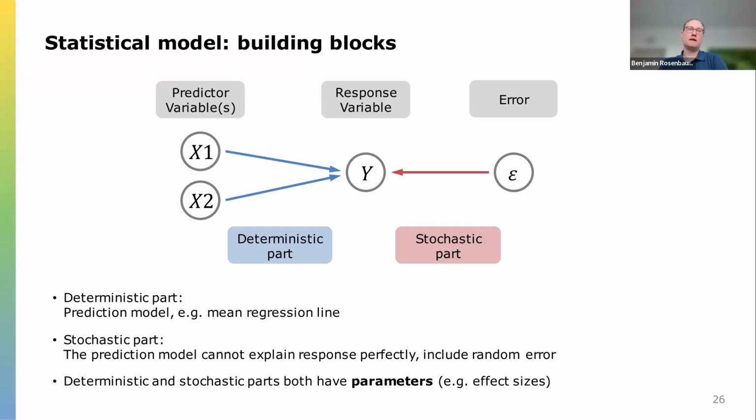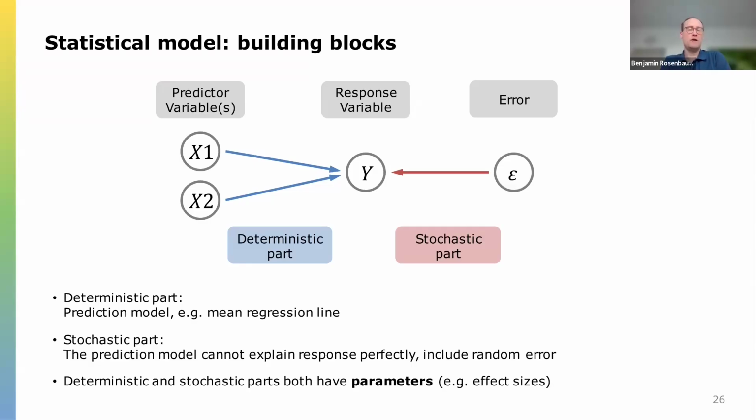But you know that the prediction model cannot explain the response perfectly, and this error or this variation is usually called error or residual, and this is denoted as the stochastic part of the model. And the stochastic part of the model is equally as important as the deterministic part.